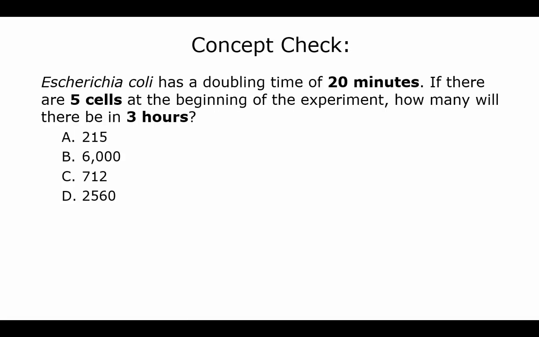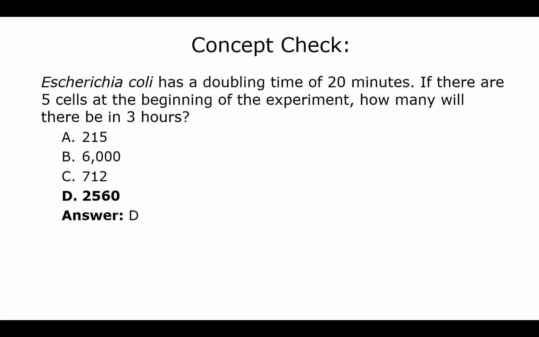That doesn't seem right. 1, 2, 3, 4, 5, 6, 7, 8. Okay, we have to go to 9 though. So 256 is the 8th generation, and we multiply that by 2, then we get 512. So 5 times 512 equals 2560.